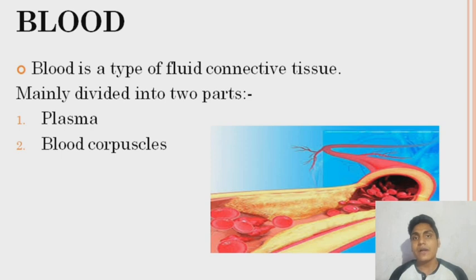The main function of the red blood corpuscles is to carry oxygen from the lungs to the other parts of the body and bring carbon dioxide back to the lungs. Now what are the functions of WBC? To understand this, let's take an example. When you have a fever, we take medicines. What do these medicines do? They increase our antigens.